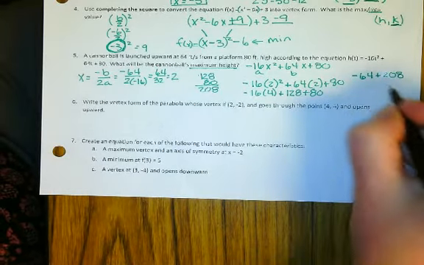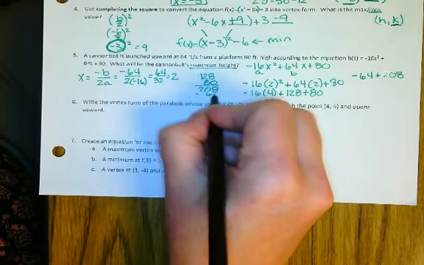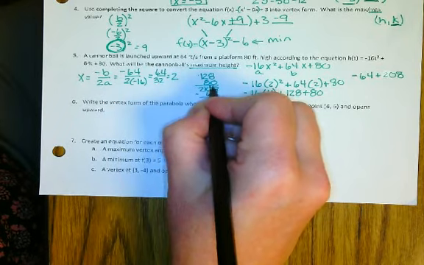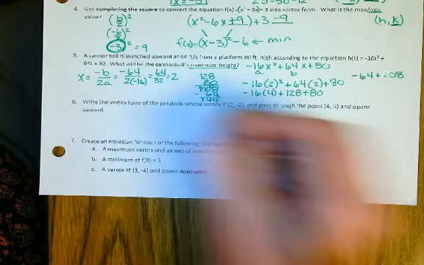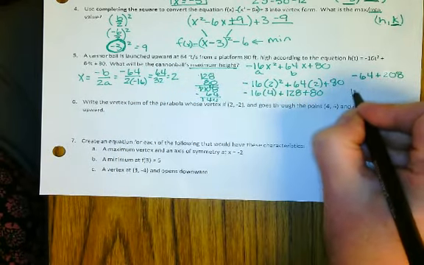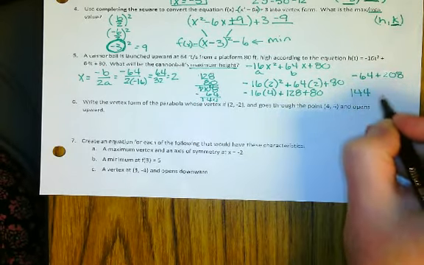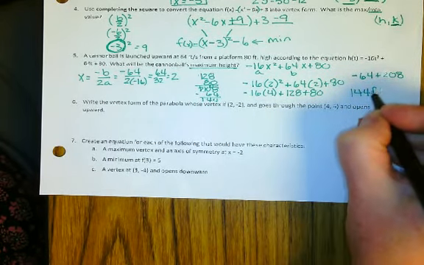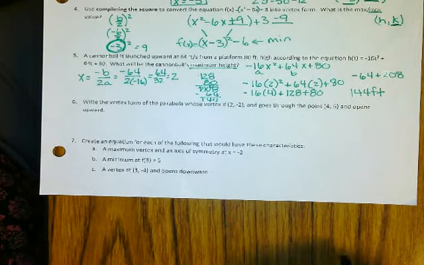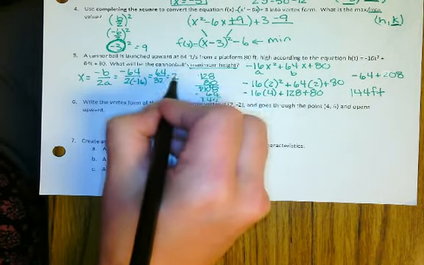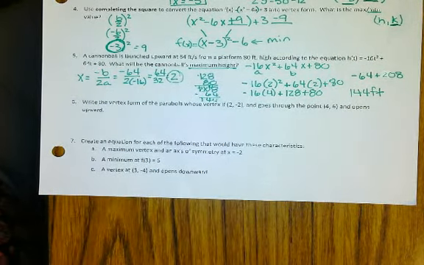And then if I do 208 minus 64, that gives me 144. So the max height would be 144 feet, and they reach that maximum height at 2 seconds.